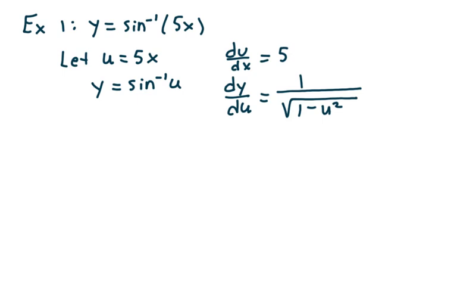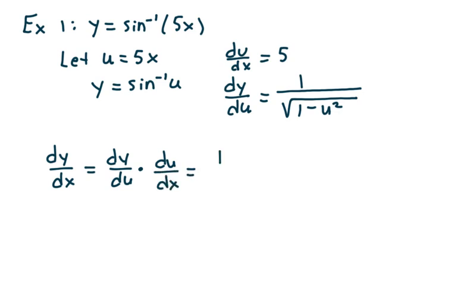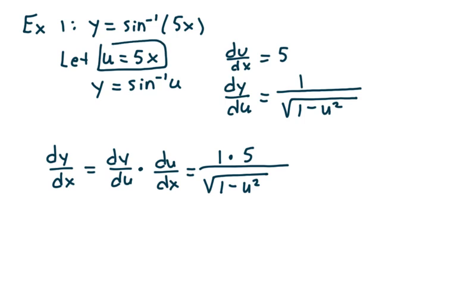Okay. dy dx is dy du times du dx, which is 1 over the square root of 1 minus u squared times 5. I hope that's okay. Now remember, u equals 5x, right?